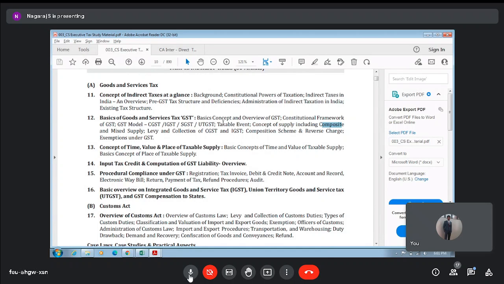Minimum, I am telling. Out of that, exemption they have given very less in your syllabus. I don't know why. The value of supply is the little bigger one, and place of supply is the bigger one. Input tax credit is the most critical and crucial chapter in your GST.